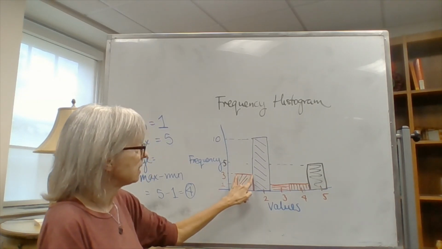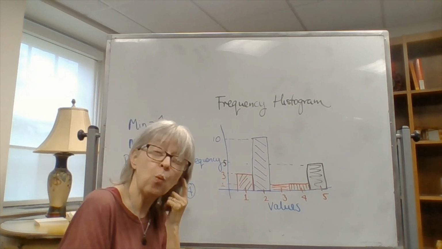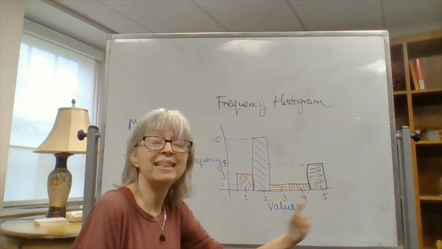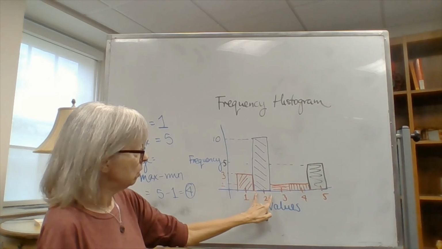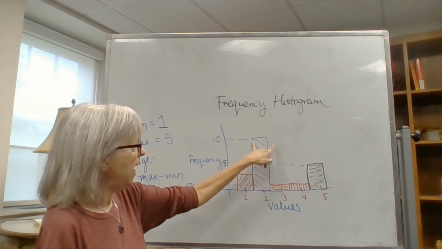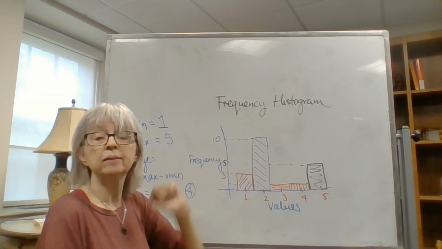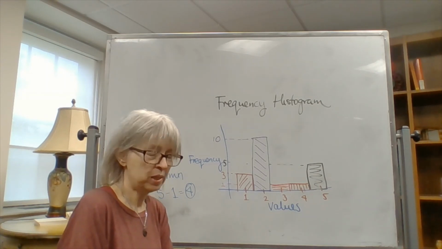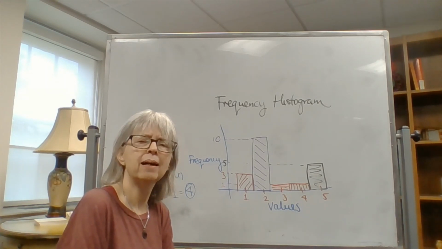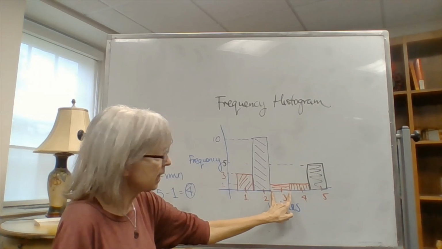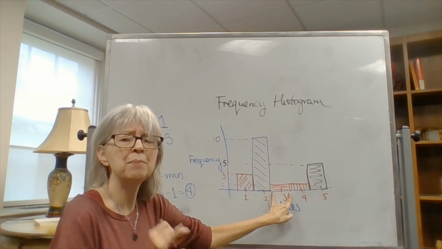The frequency associated with 1 was 3. That means 1 was a data value 3 times. 2 had a frequency of 10. 2 was a data value 10 times. How many times was 3 a data value in my data set?